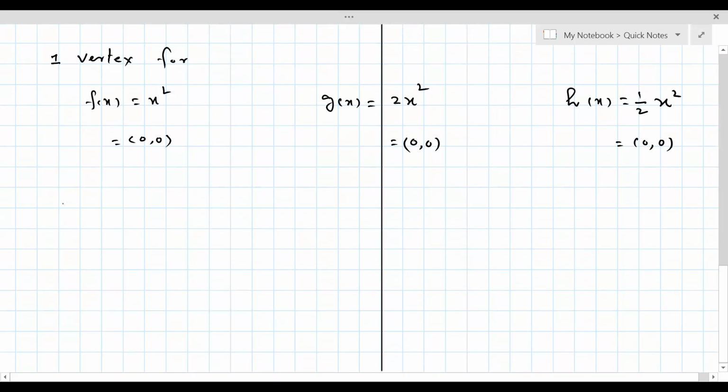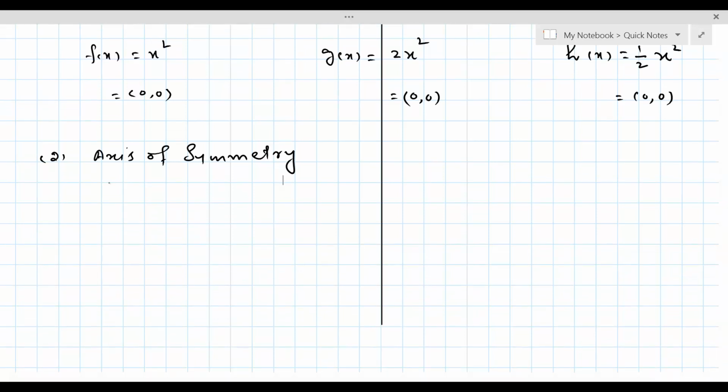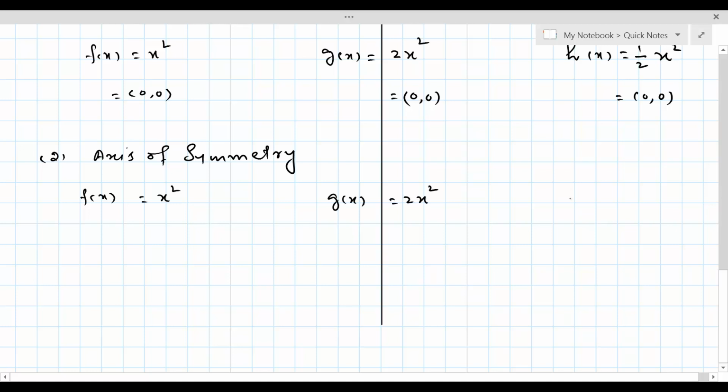The second element is the axis of symmetry. Axis of symmetry also wouldn't be affected, because of the axis of symmetry for f of x is equal to x square, or g of x equal to 2x square, and for h of x equal to 1/2x square.